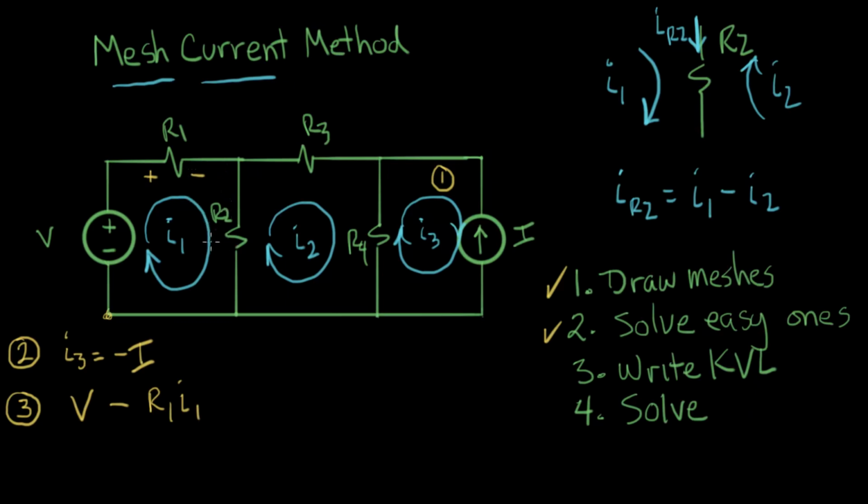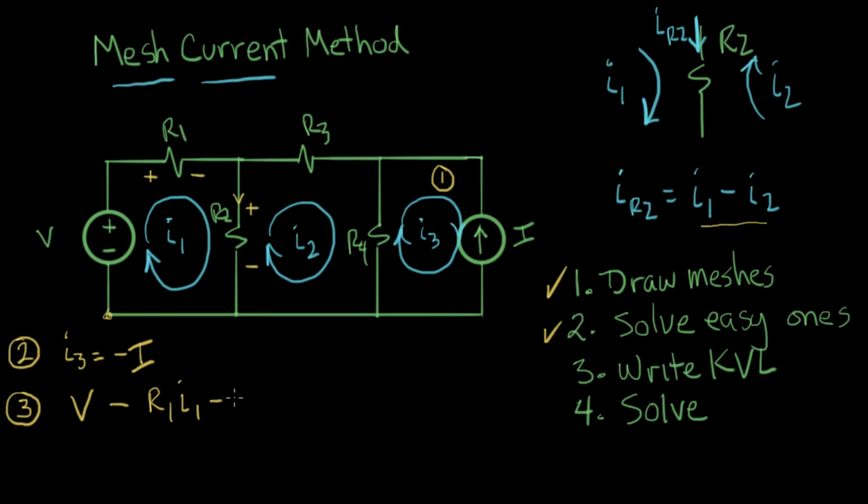Now, R2 is odd because it has I1 and I2 flowing into it. So what are we going to do? Well, we already figured out that this element current is written down right over here. There it is right there. So if I label the current going down here, I have a plus and a minus. This is going to be another voltage drop going around the loop.